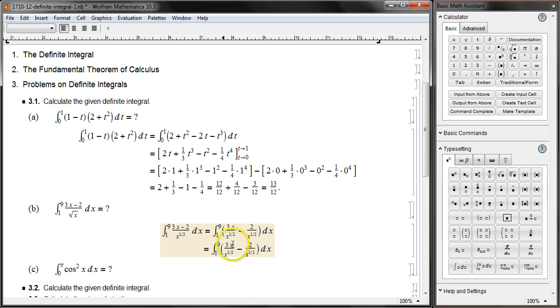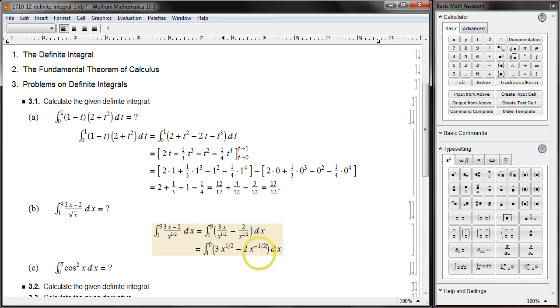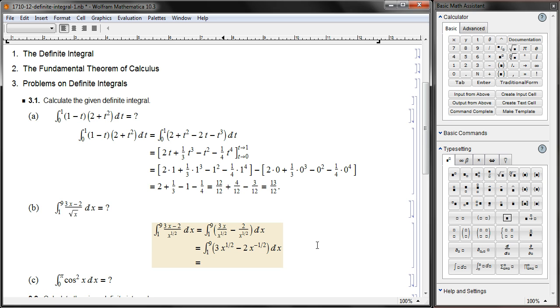So x to the first power divided by x to the 1/2 power: 1 minus 1/2, so we get positive 1/2 power. And here you're going to get negative 1/2 power. We have done this before, so I'm moving a little bit more quickly than before.